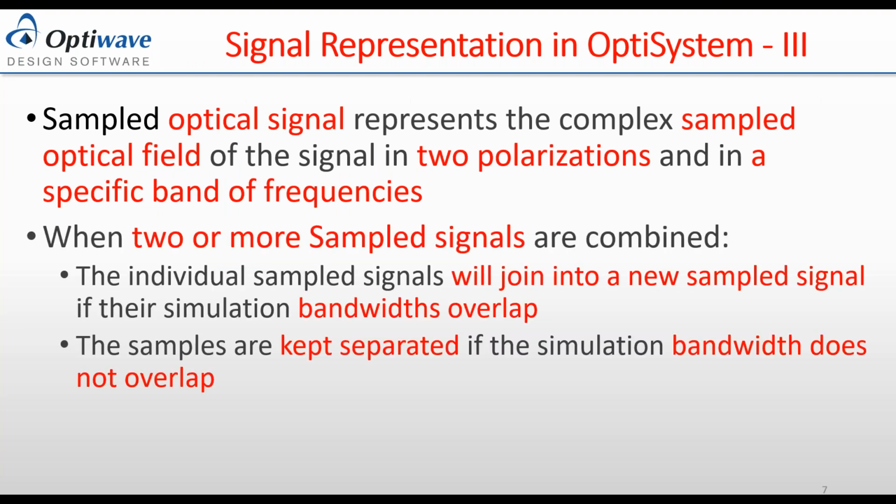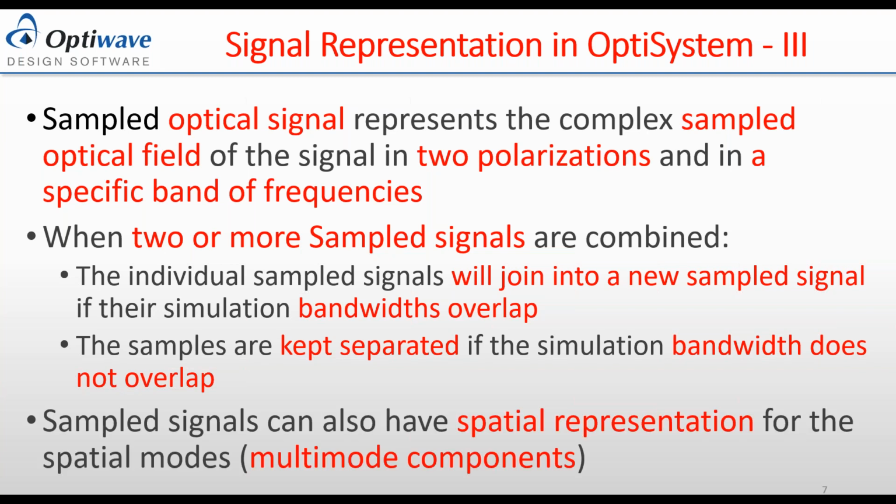Now, when you have, for example, 2 signals propagating in a component, if they overlap in bandwidth, then the samples of these signals will be added together. If the bandwidths of these signals do not overlap, then the samples will not be added, and they will be kept separated during the calculation in the component.